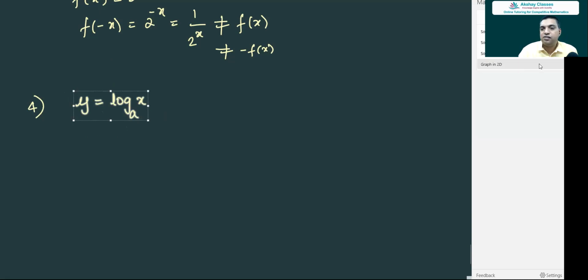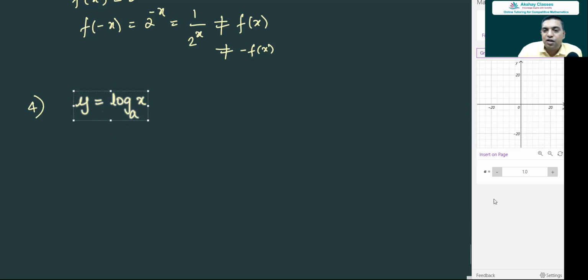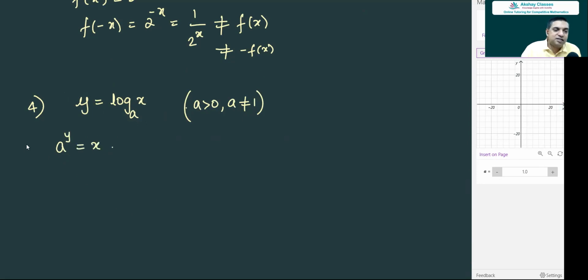Here an important condition is that a should be positive and a cannot be equal to 1. It is defined like this: if a power y is equal to x, then y is log x to the base a.